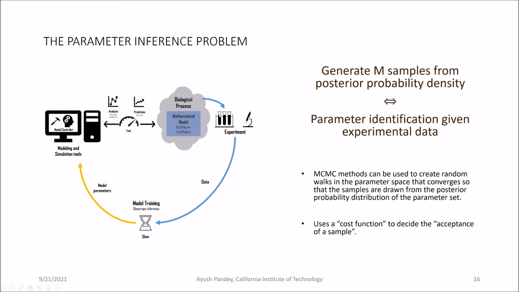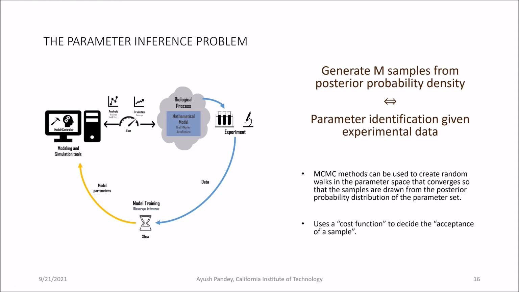So to summarize, the parameter inference problem can be expressed as generating some number of samples from a posterior probability density, which is the same as identifying those parameter distributions given the experimental data. So Emcee, Markov chain Monte Carlo methods, create these random walks.